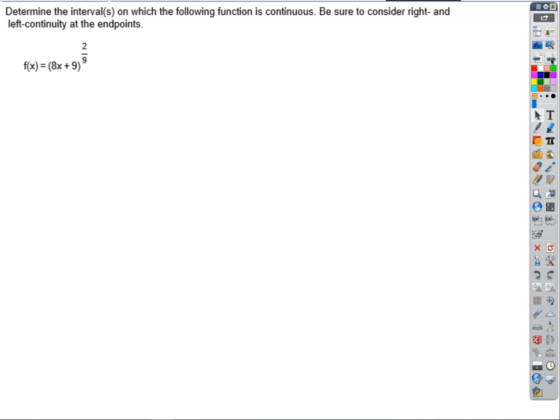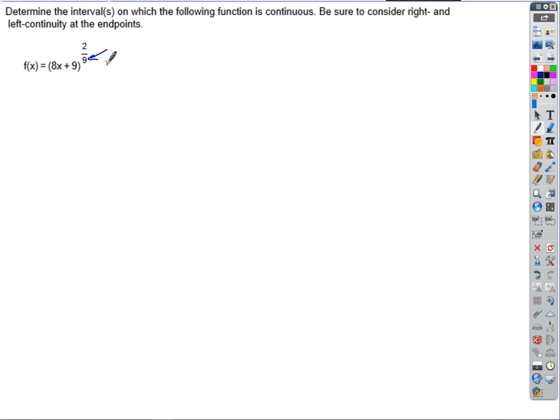Okay, underneath an even radical, right? You can't take an even root of a negative number. Is this an even root or an odd root? Okay, well, it's tricky because we've got an even numerator and an odd denominator. So what is it? Odd or even root? It's odd, yeah, because the bottom determines what kind of radical it is, right?